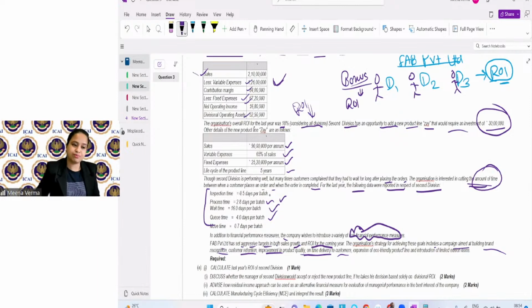The company is doing all of this. You can see the company wants to focus on building brand recognition. The company is focusing on customer retention, not customer acquisition, customer retention. Okay. Improving the quality of the product. And what else? On-time delivery. Deliver the product on time. On-time delivery to the customer.